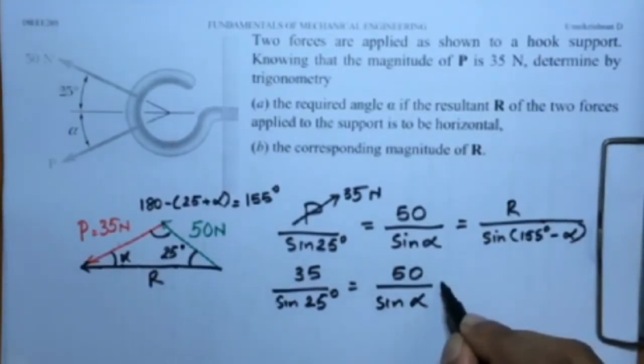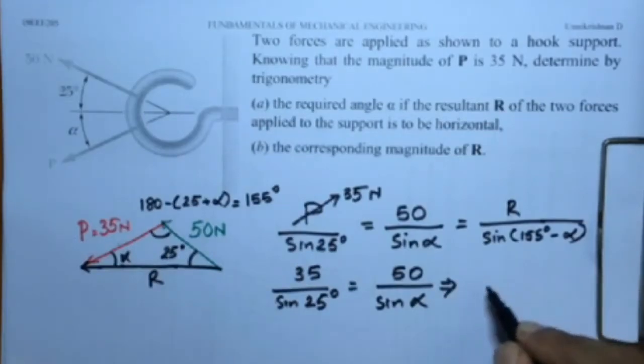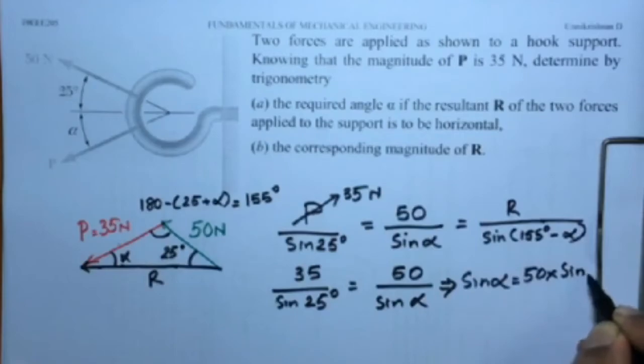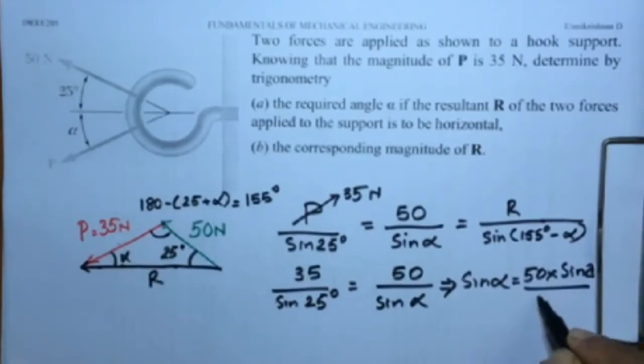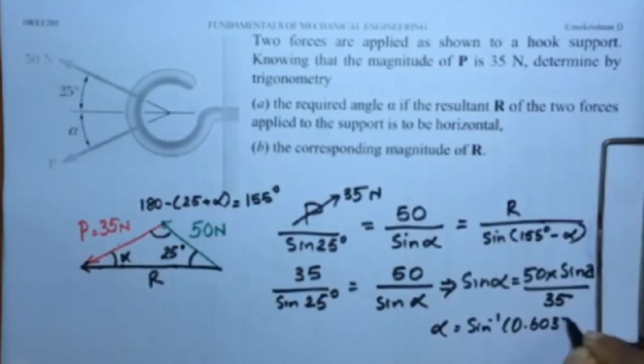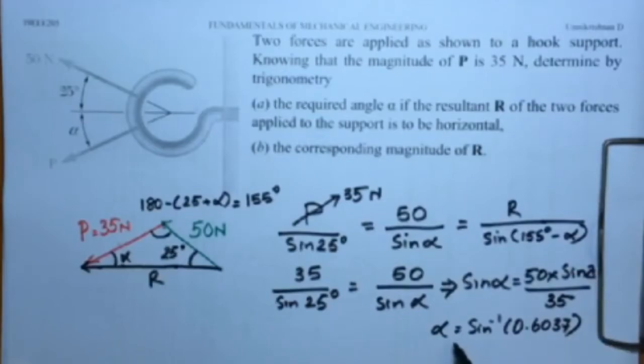So, from this we can get sine alpha is equal to 50 into sine 25 divided by 35. So, you get alpha is equal to sine inverse of this value, and that value is found to be 0.6037.